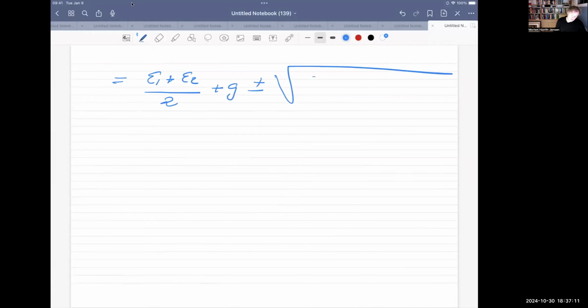And I'm going to have an epsilon 1 plus an epsilon 2 squared divided by 4 plus a term which runs like G squared here.